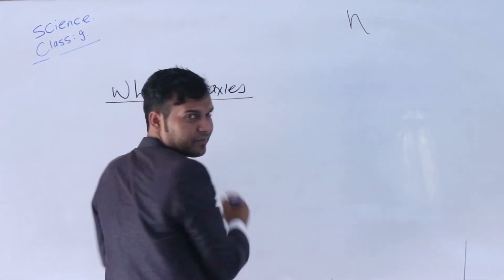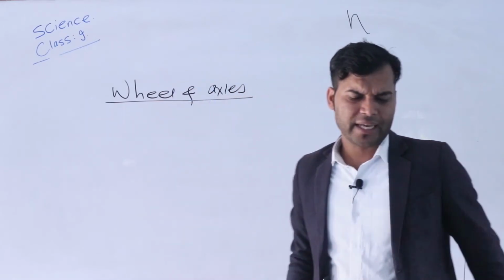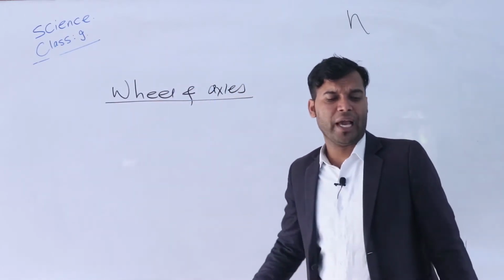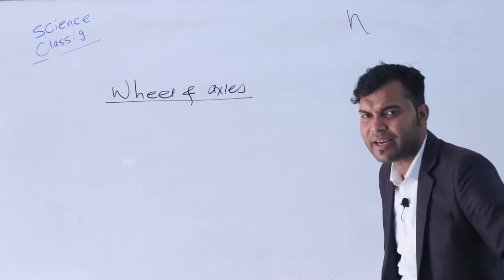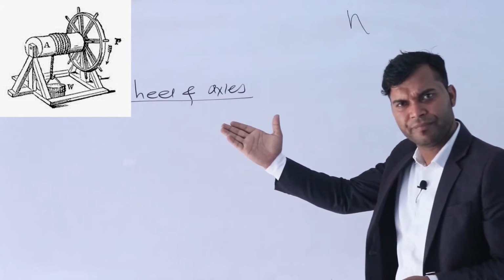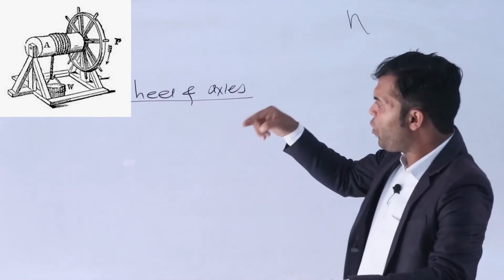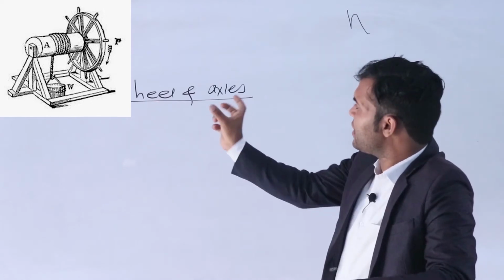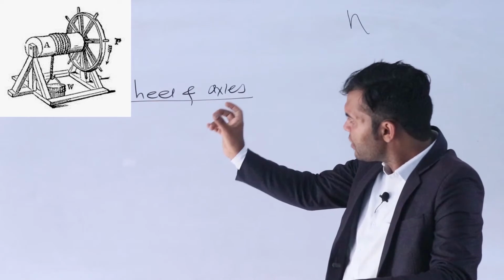Wheel and axle. A wheel and axle is an arrangement of two coaxial cylinders with different radii. For example, look at the diagram of the wheel and axle. There is a connection of two coaxial cylinders.